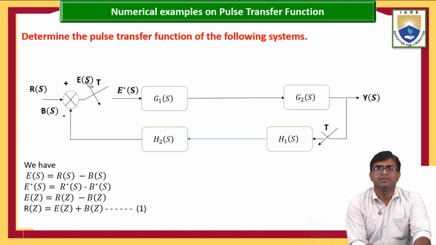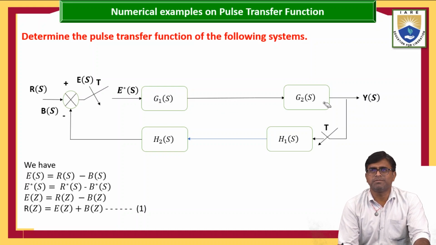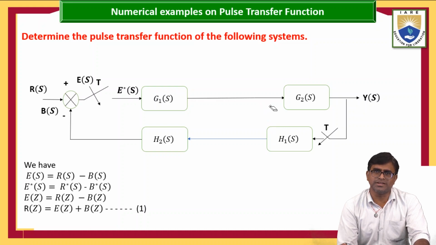After this we are using one forward path G1 of S and another forward path G2 of S. For taking the feedback, we have the feedback path also. We have two feedbacks, and the two feedbacks are also connected in series. In the forward path also, two blocks are connected in series. So H1 of S, H2 of S.